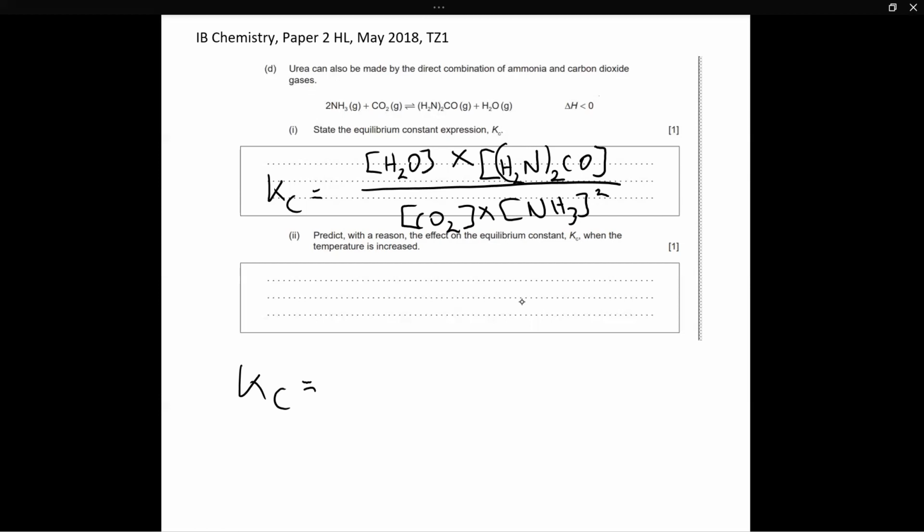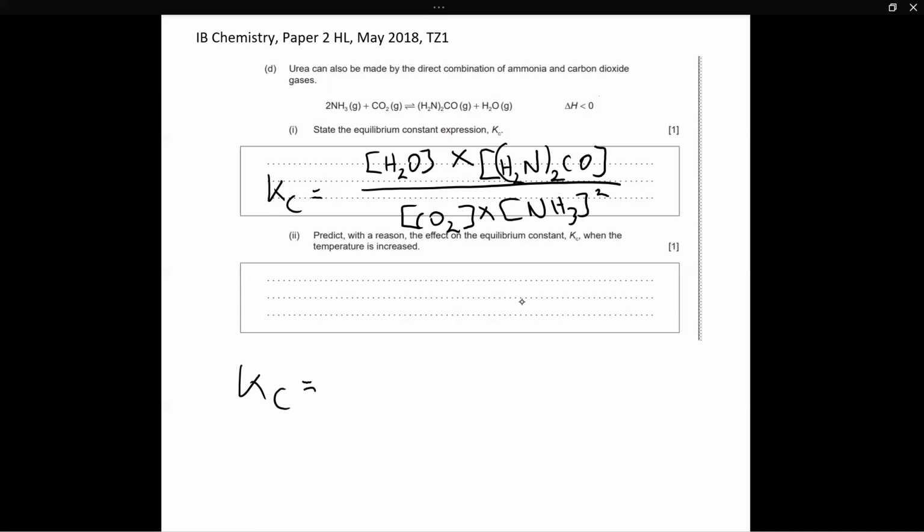So if we increase the temperature of this specific reaction, where is the equilibrium going to shift to? Remember, temperature does have an effect on equilibrium. I covered this in a previous video. The question is, which direction is the equilibrium going to shift in if we increase the temperature?